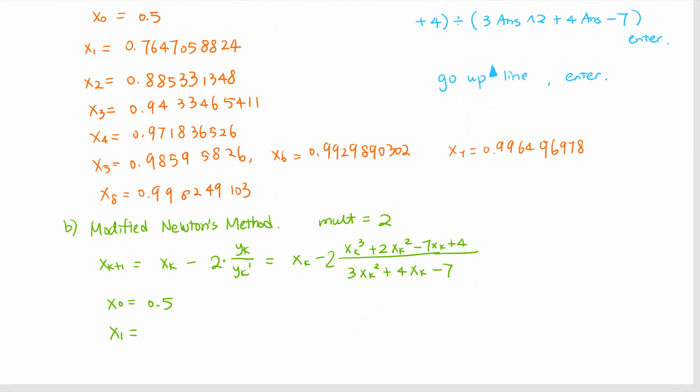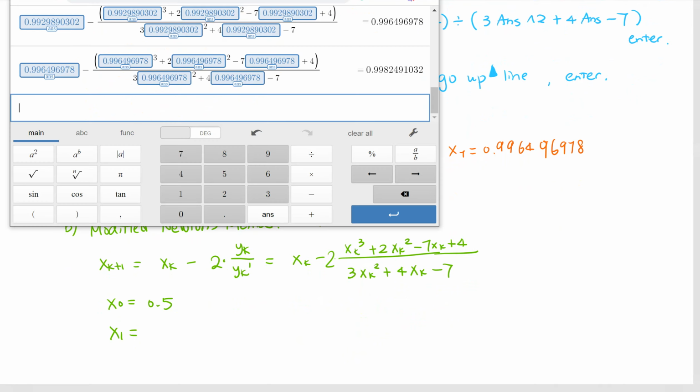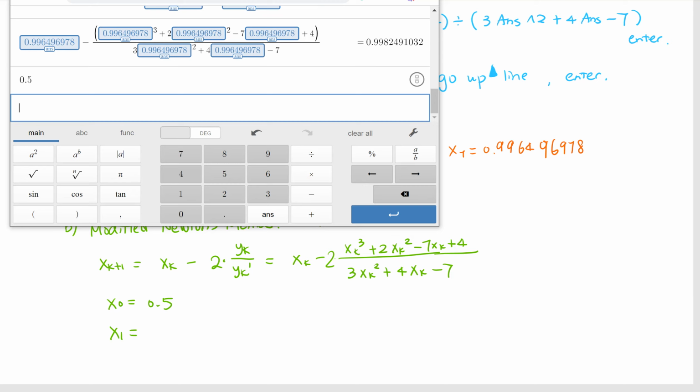Okay, so let's get back to our calculator. Let's plug in 0.5 again. Enter. You have to do that because if you want to press the answer key on the next line, you need 0.5 in the previous line, and then we know that is the answer.